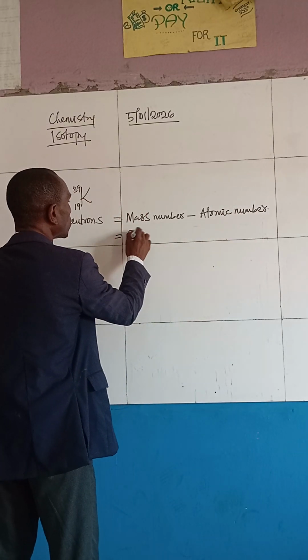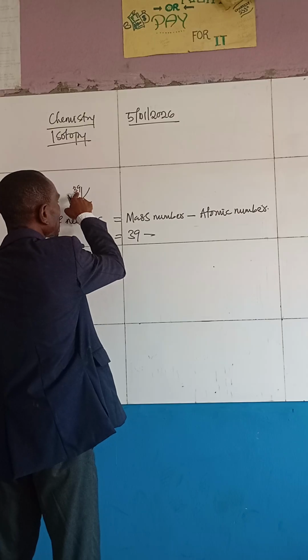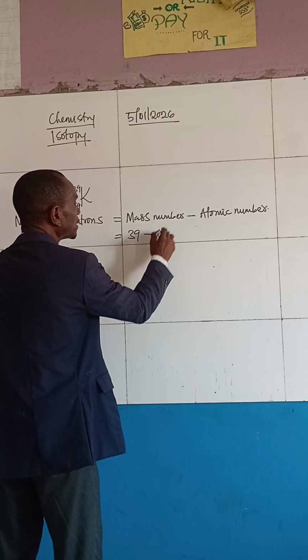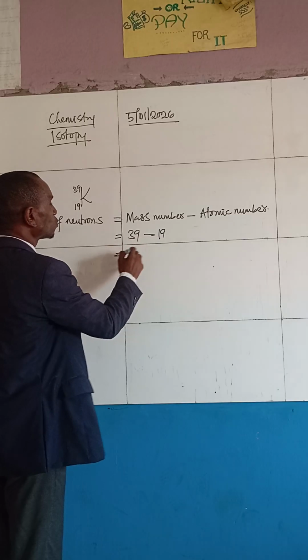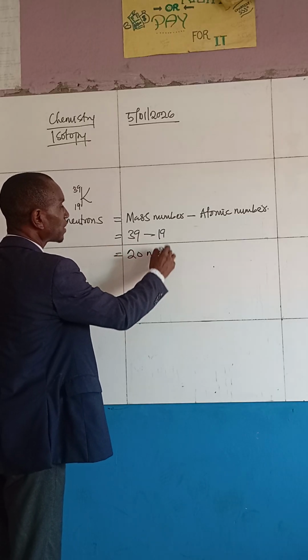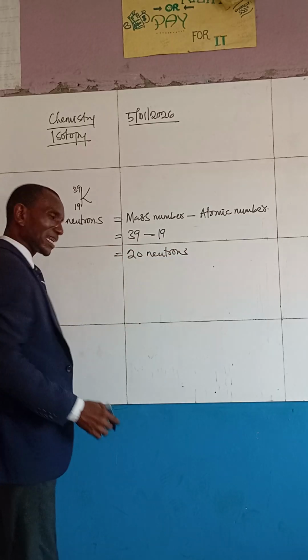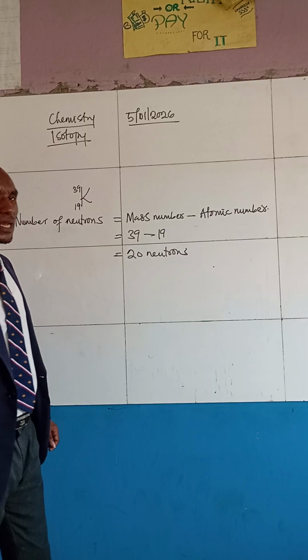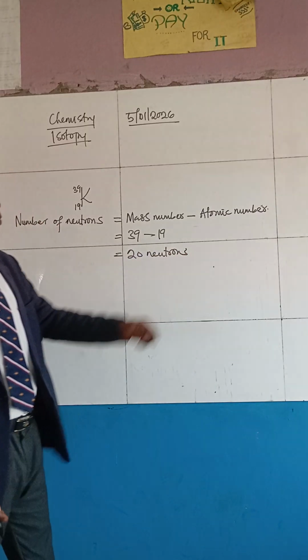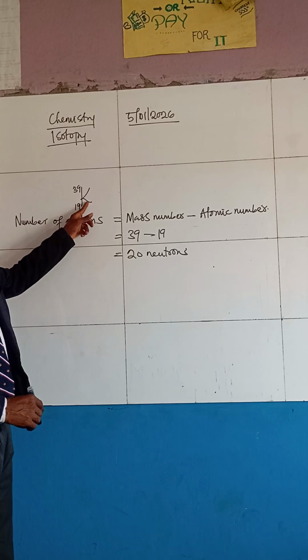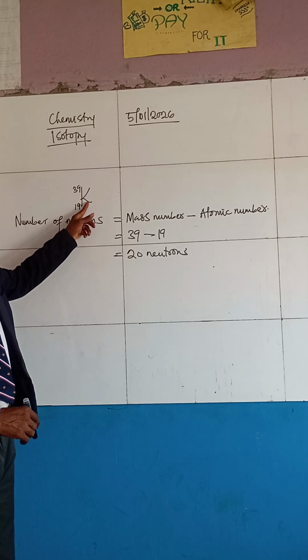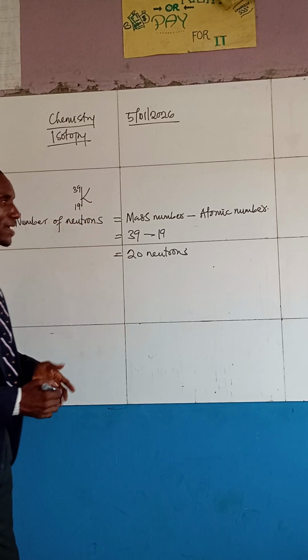That is 39. The atomic number is 19. So we have 39 minus 19, and that will give us 20 neutrons. It's as simple as that. So 20 neutrons is the number of neutrons in this particular atom or element. Is that taken? All right.